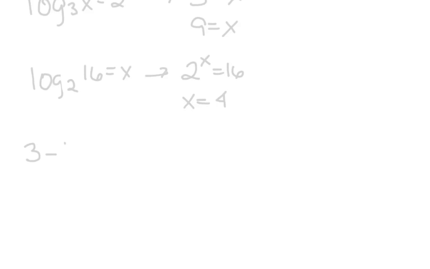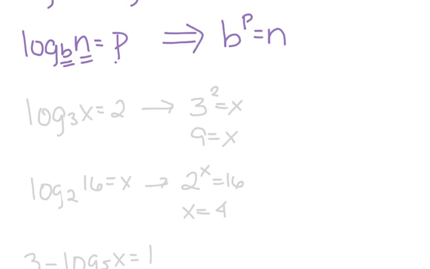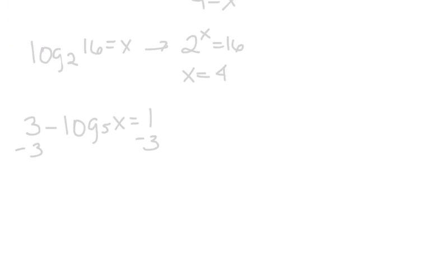3 minus log base 5 of x equals 1. Take away 3 from both sides because we have to get the log alone on one side. Notice log is by itself.